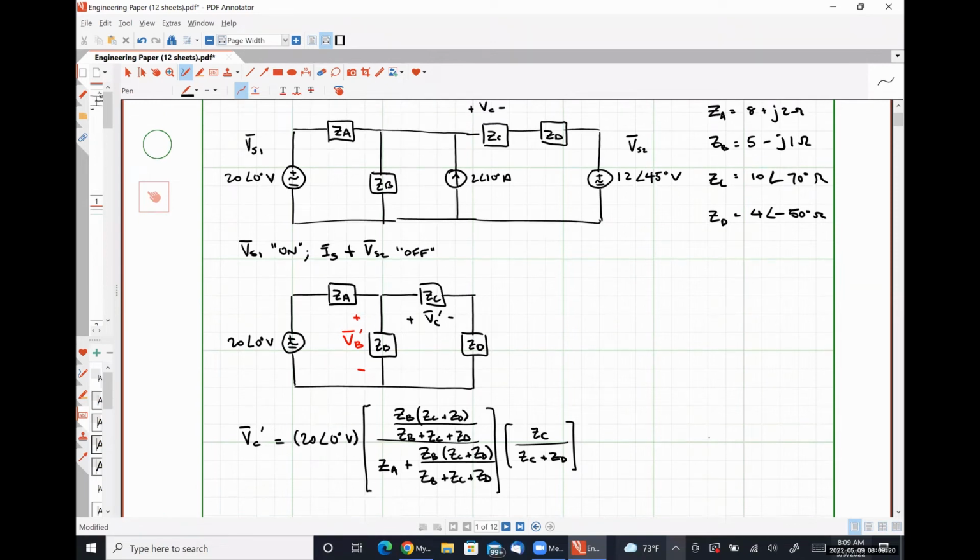So I'm going to have 8 plus 2I, store that as A. 5 minus 1I, store that as B. 10 angle 70, stored as C. And 4 angle negative 50, stored as D.